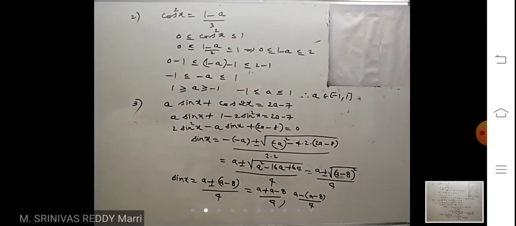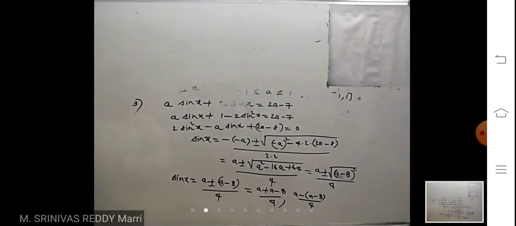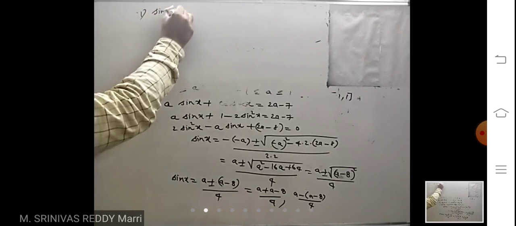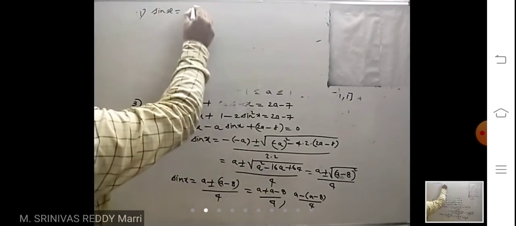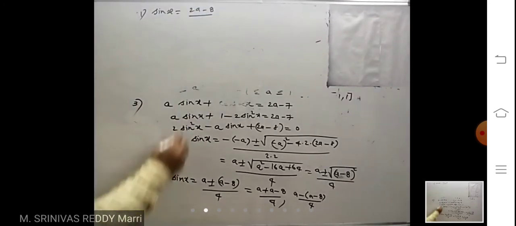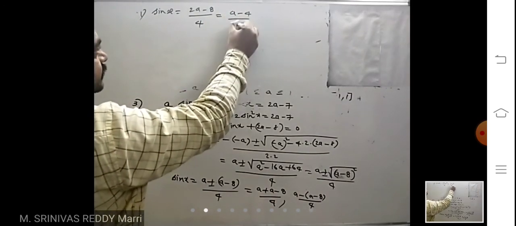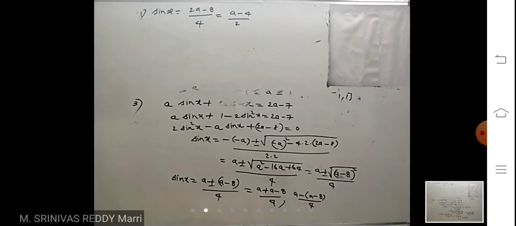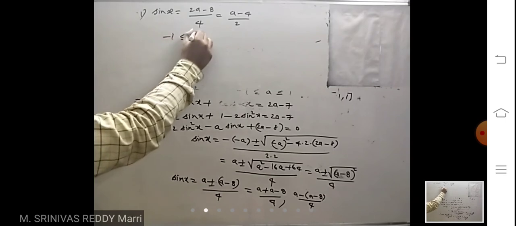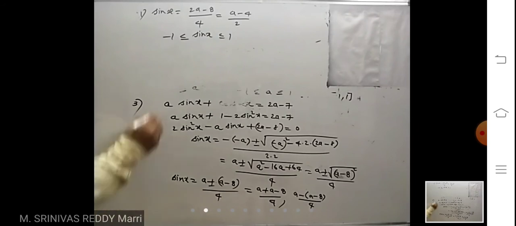So if you take the first one, sin x equals, this is nothing but 2a minus 8 divided by 4. So you got the sin x value. For having a solution, sin x must lie between minus 1 and 1, right?